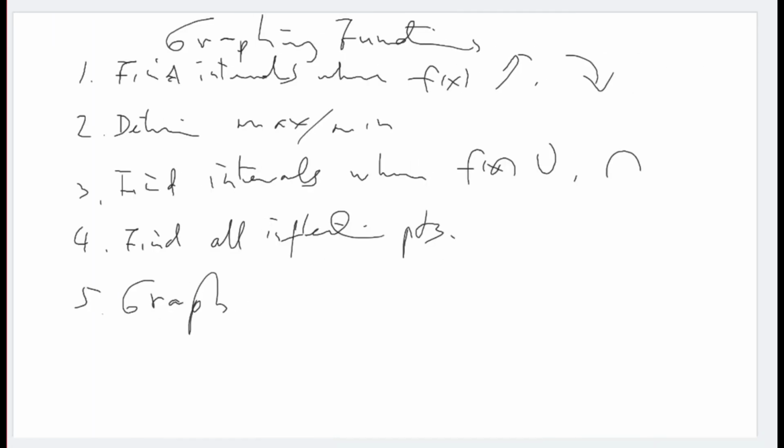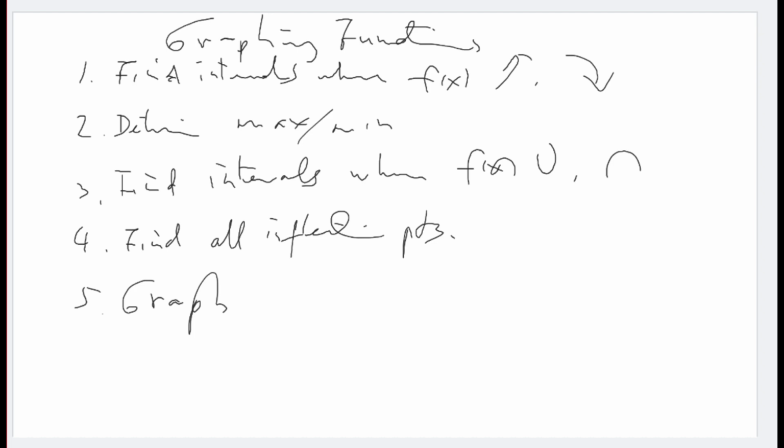Finally, let's see how we can graph a given function based on the results or features we can determine from the first and second derivatives. There are in general 5 steps. Step 1: determine where the function increases and where it decreases.